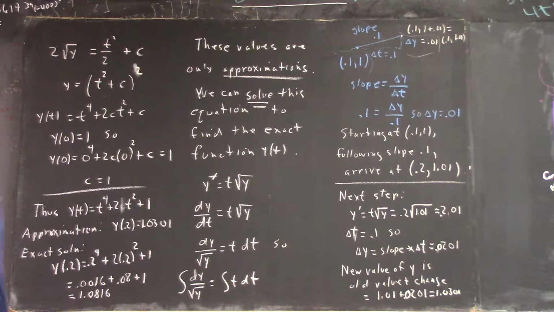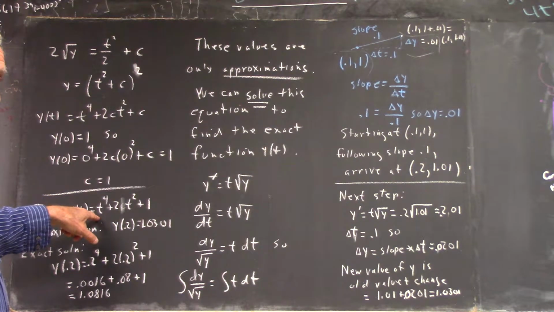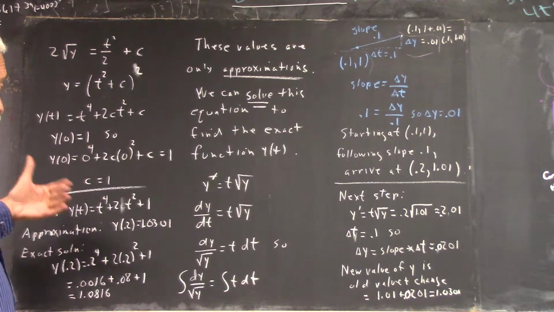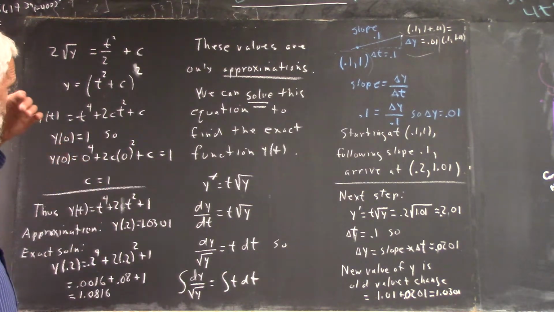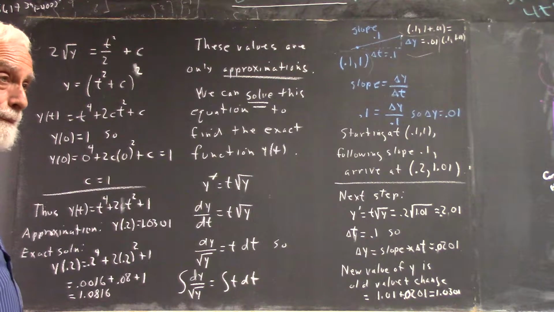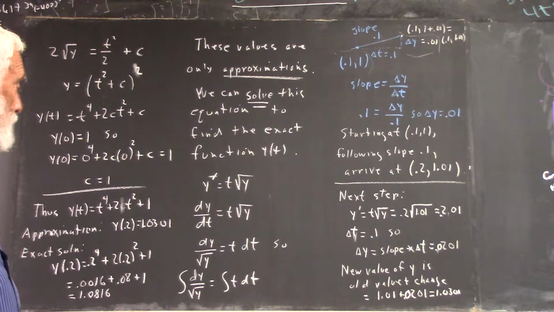Now, there are all kinds of consistency checks we could do. Like, I could check the derivative of this thing, okay? You know, 4t cubed plus 4t, right? And if t is, oh, wait a minute. Hold it.